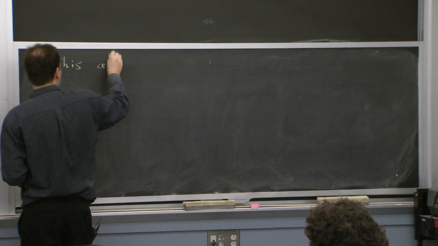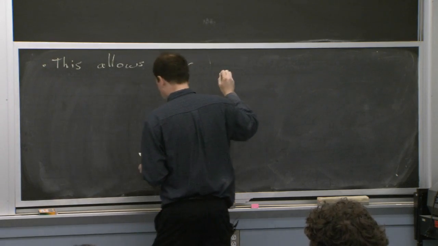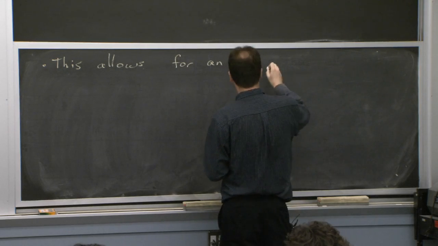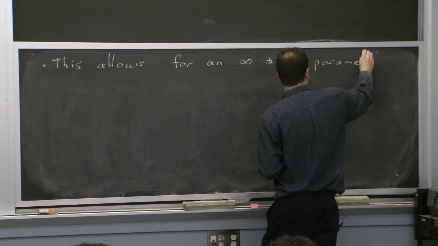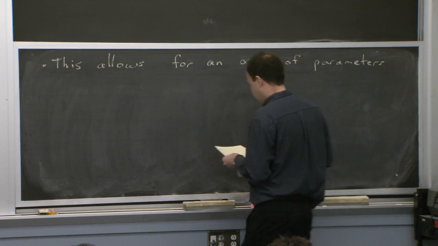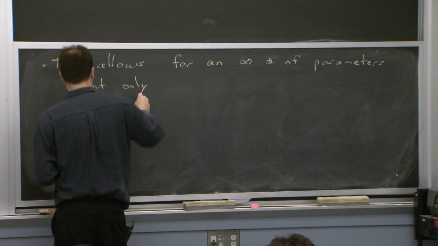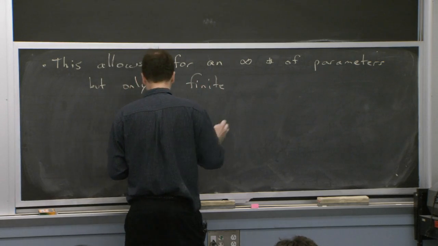So this definition allows for an infinite number of parameters that are needed, for example, for renormalizability, but only a finite number at some fixed order.